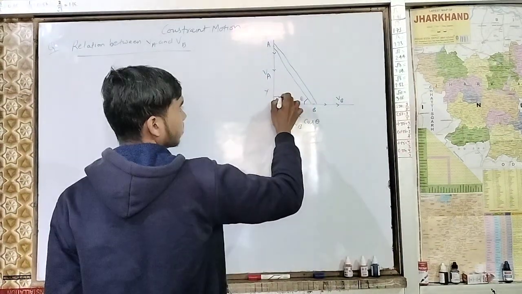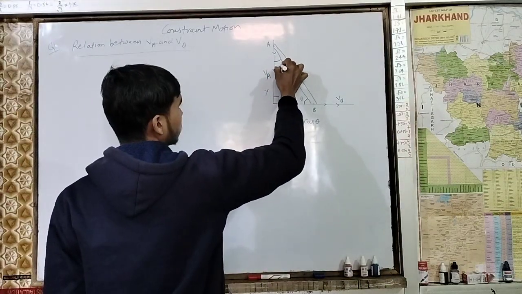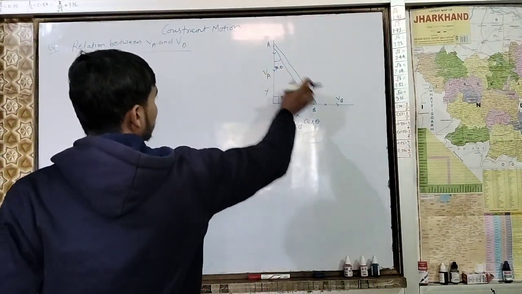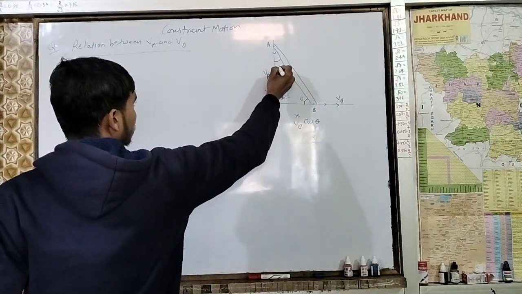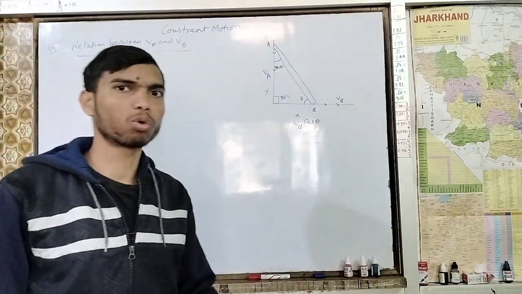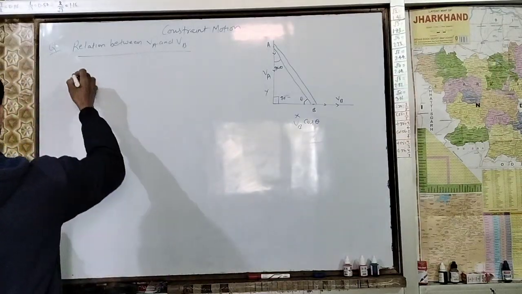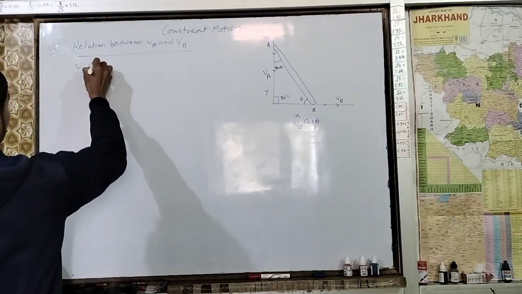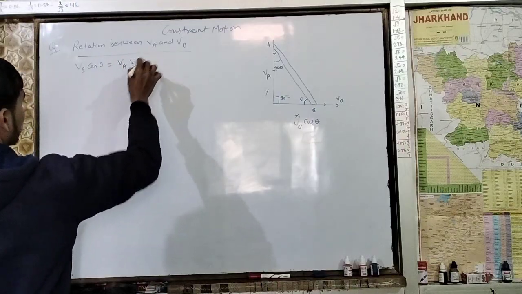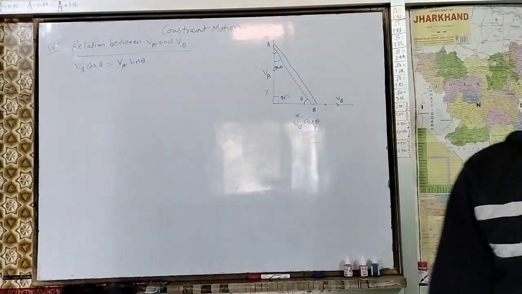There is also an angle, which is just opposite, 90 minus theta. If you take cos, then cos(90 minus theta) will be sin theta. So VB cos theta will be equal to VA sin theta. We just converted cos(90 minus theta) into sin theta.